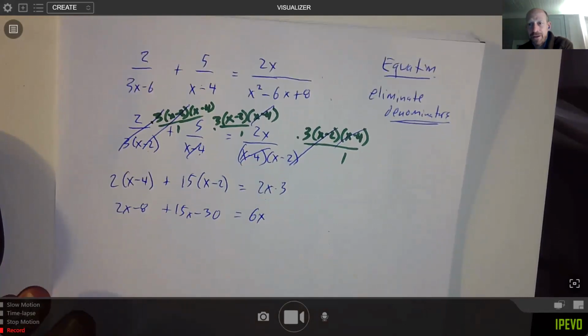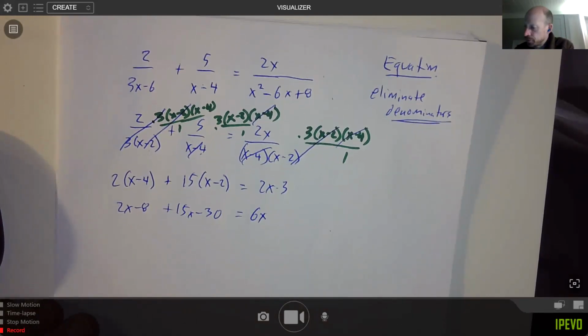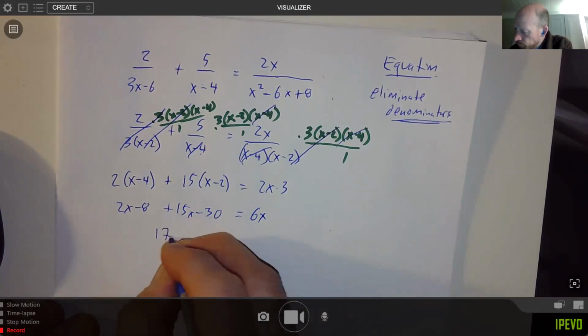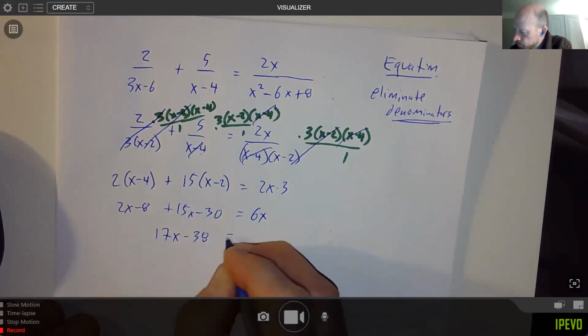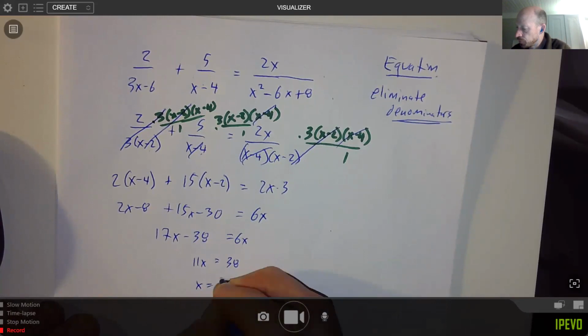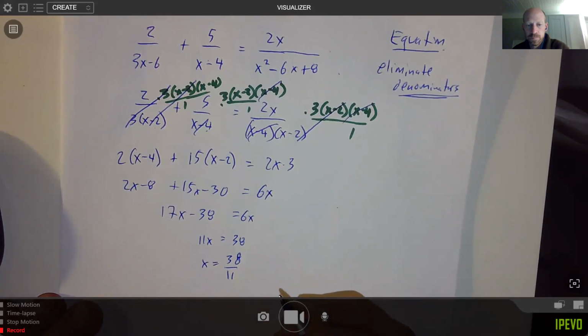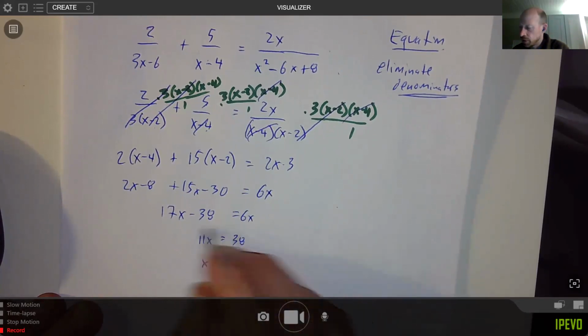Sometimes these will be quadratics and you may have to factor. Sometimes like this, they'll just be linear equations. And x equals 38 over 11. Moving things around.